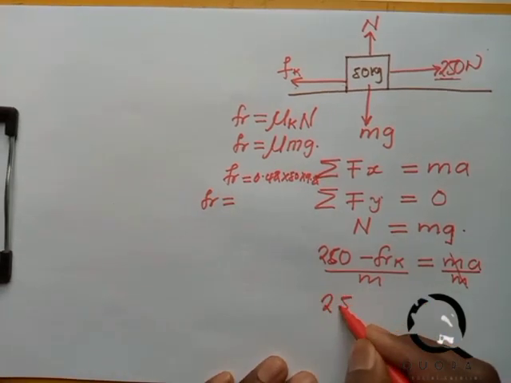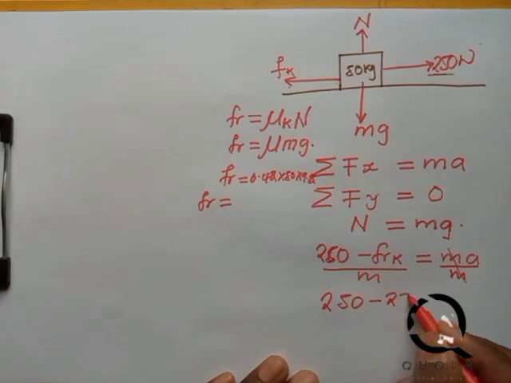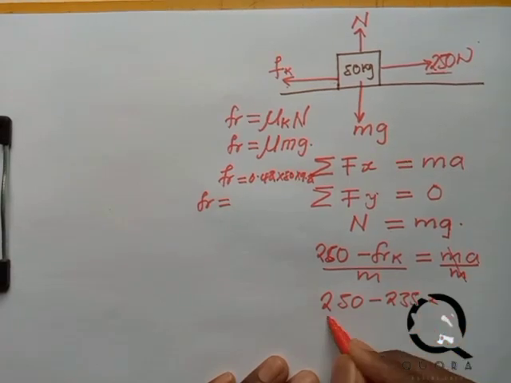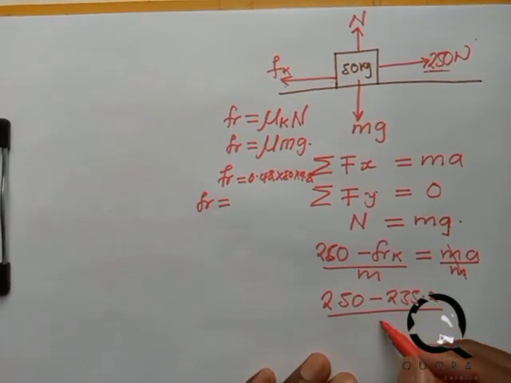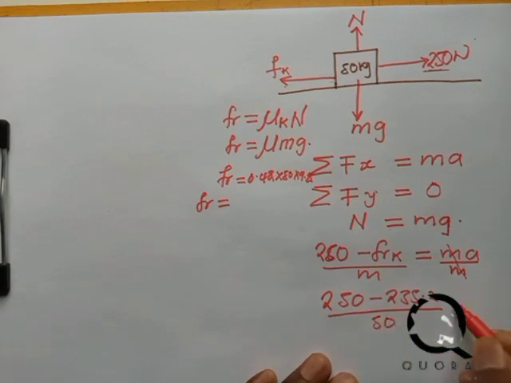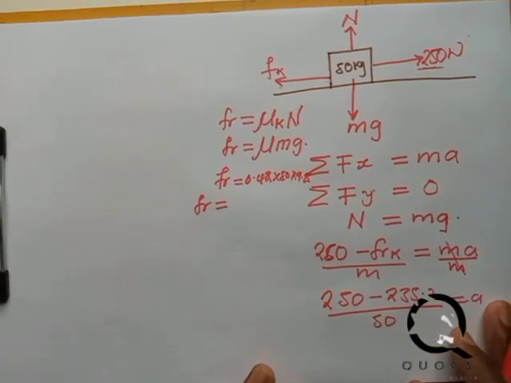That's what we put where there is friction. We're going to have 250 minus 235.2, divided by the mass, which is 50, giving us the acceleration of the box.